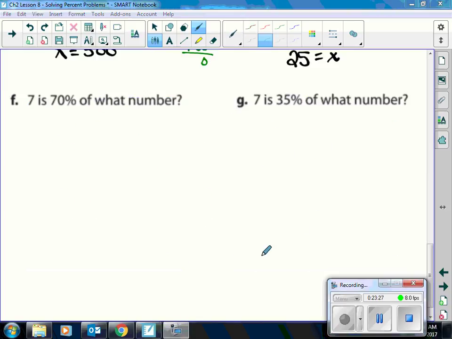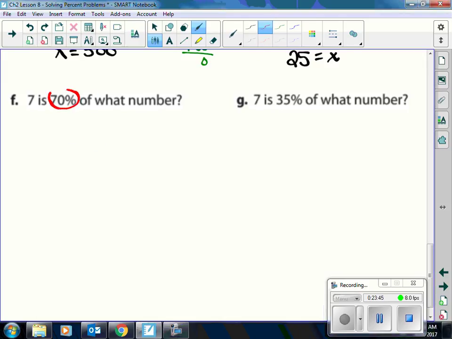Okay, so for letter F, that says 7 is 70% of what number? So here, let's set up our percent proportion again. So we have the percent, and we're going to write that over 100.